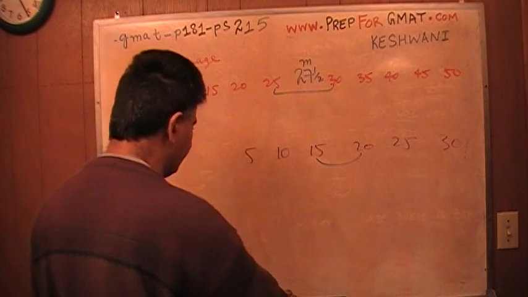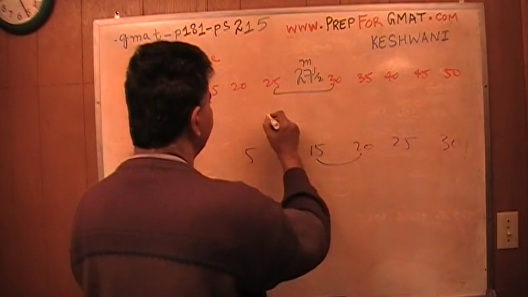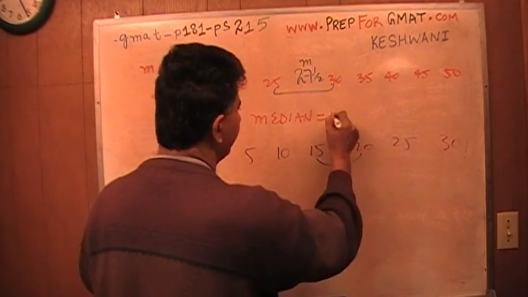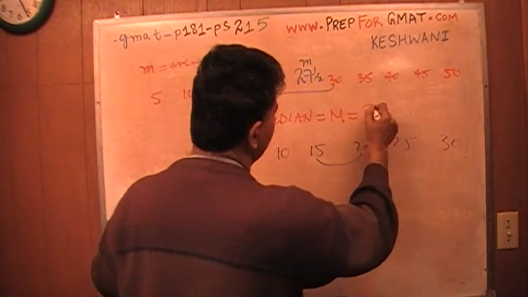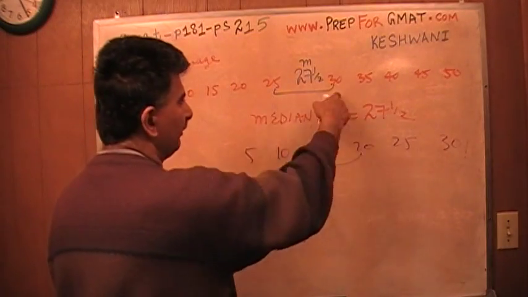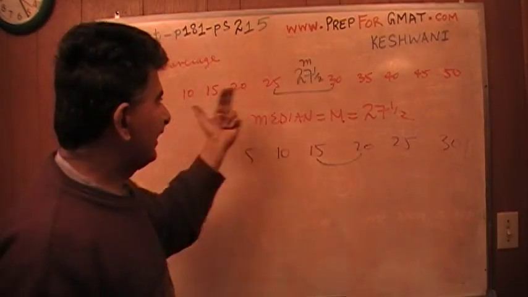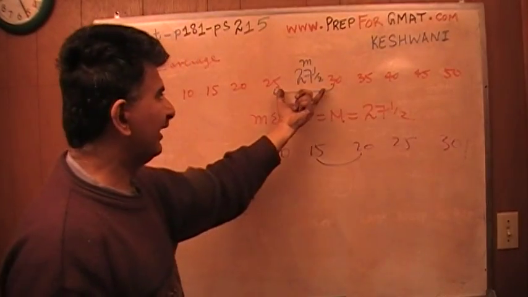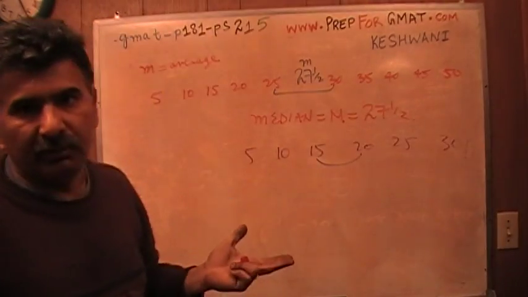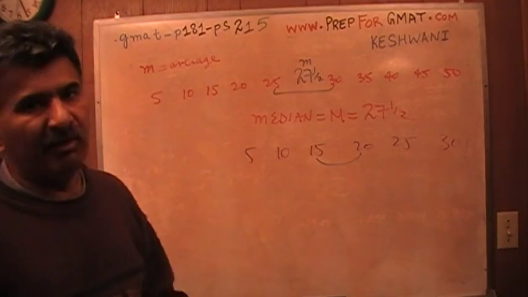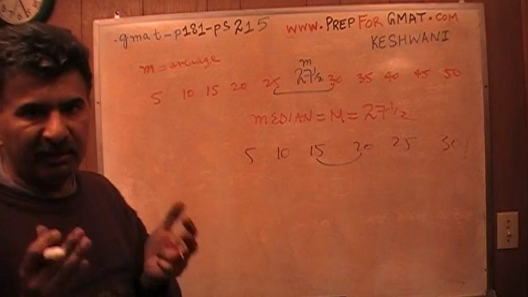So the median here, which they are calling capital M, is the same as your mean. It's 27.5 because the median again is going to be the average of these 2 numbers. The average of these 10 numbers is the average of these 2 numbers, and the median of these 10 numbers is the average of these 2 numbers. They're both equal. Therefore, capital M minus the small m, or the small m minus the capital M, doesn't matter, is a big fat 0.